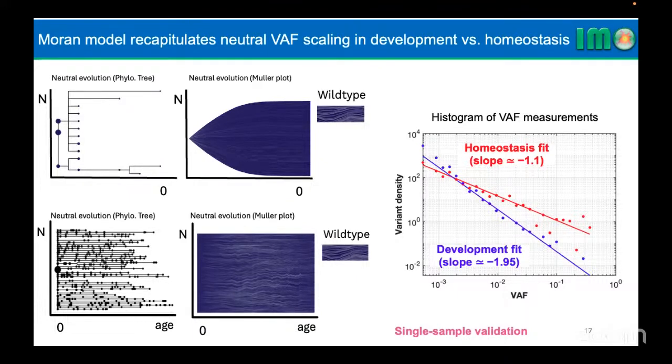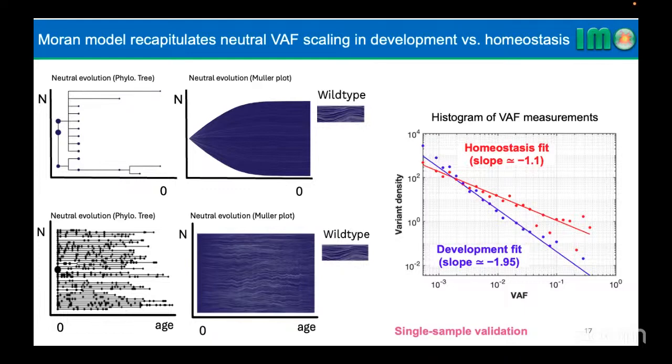On the second row, as I showed you before, there is homeostasis, or adulthood. We can look at one blood sample. This is the output of this simulation. The distribution of the VAF follows a slope of about -1 in adulthood, or a slope of around -2 in the developmental state.